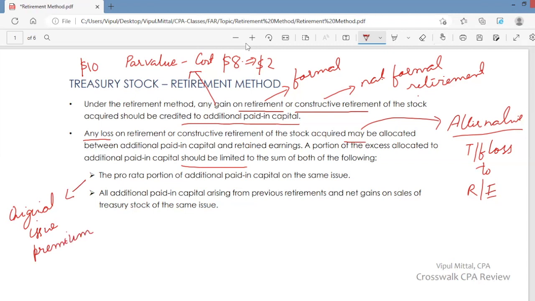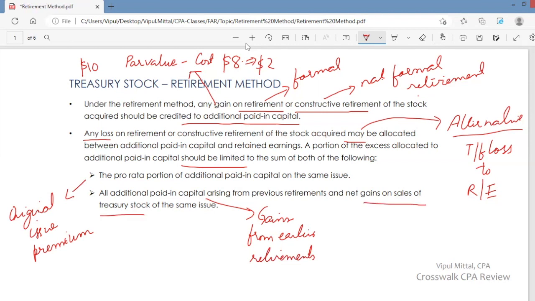Second, all additional paid-in capital arising from previous retirements, that is, gains from earlier retirements, and net gain on sale of treasury stock of the same issue.